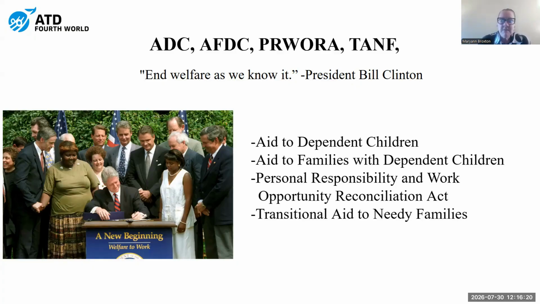AFDC, or Aid to Families with Dependent Children, grew out of the ADC program. In 1962, ADC was expanded to include parents or caregivers, usually grandparents, but also other extended family member caregivers. AFDC was a means-tested program, meaning recipients had to demonstrate economic need, and like ADC, there was also a good moral character component.